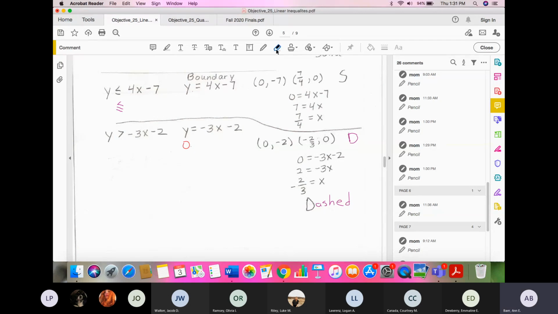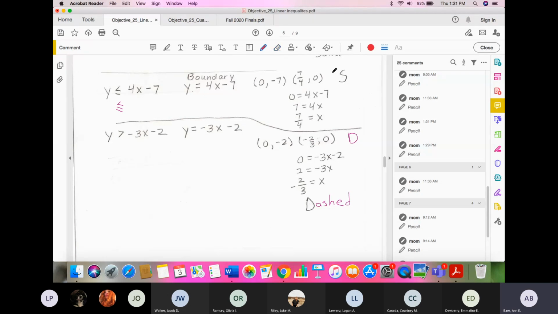Before I forget, let me take this out. Now we want to determine if we're going to have a solid line or a dashed line. That all boils down to the equal indicator and whether you have it or not. Here we had an equal indicator. Here we do not have an equal indicator. When we have the equal indicator, that's solid.